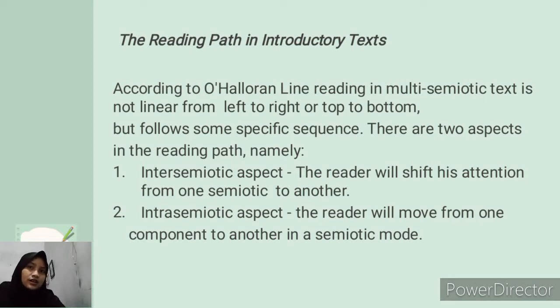The reading path in an introductory text. According to O'Halloran, line reading in multisemiotic text is not linear from left to right or top to bottom, but follows some specific sequence. So reading multisemiotic text is different from reading usual text. And there are two aspects in the reading path.